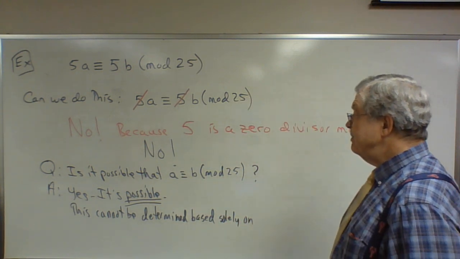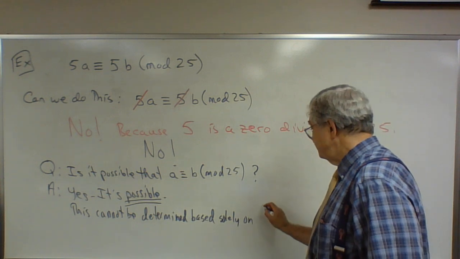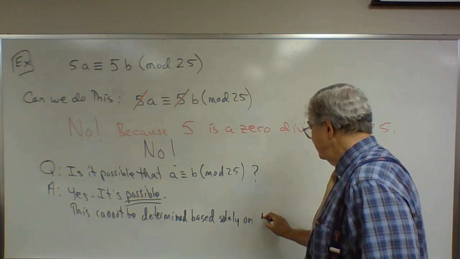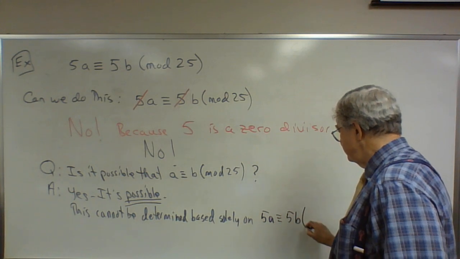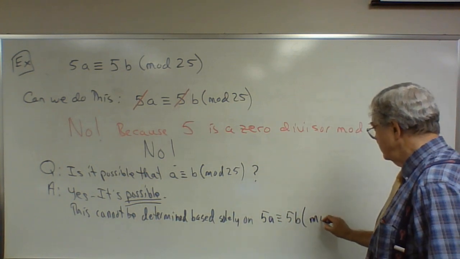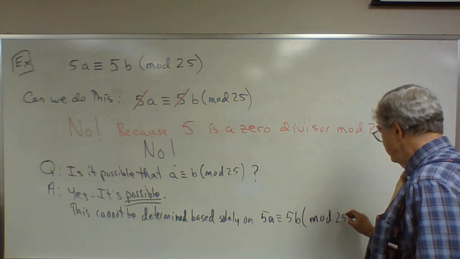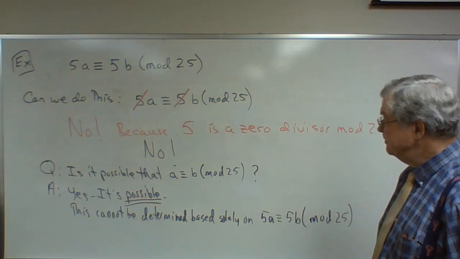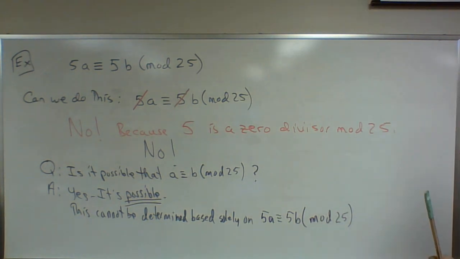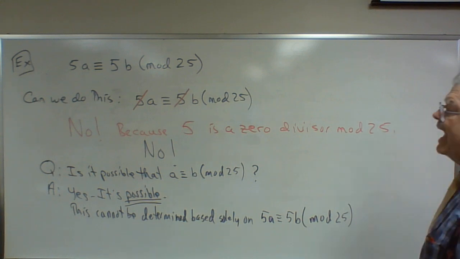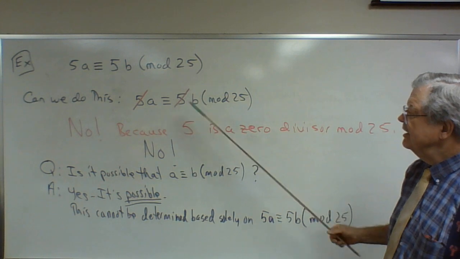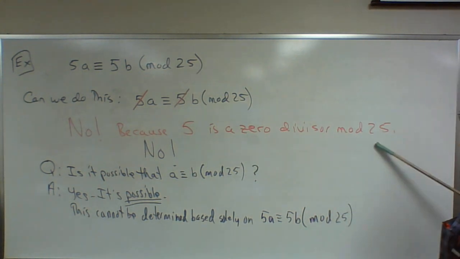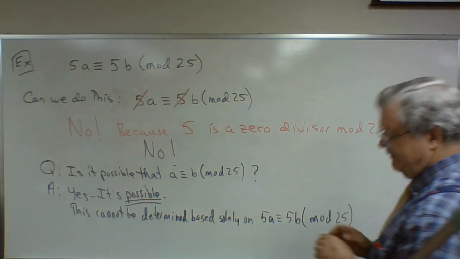But it cannot be determined based solely on the congruence 5A is congruent to 5B mod 25. Algebraically, I cannot go from here to here because 5 is a zero divisor mod 25.